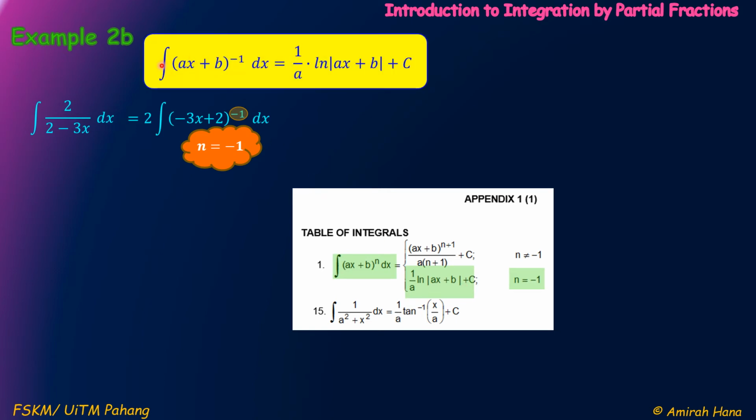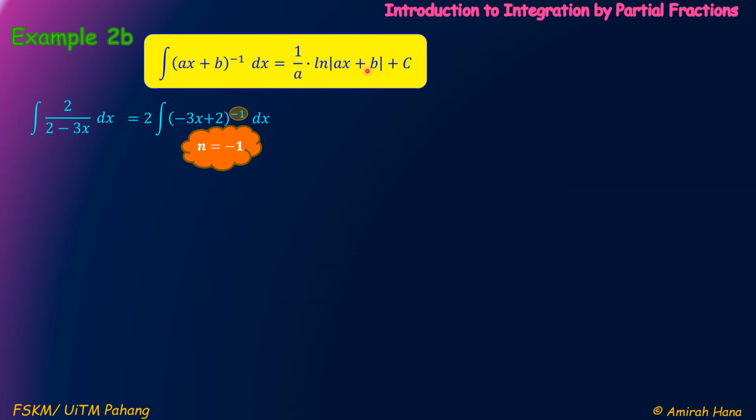Or we can write the integration of (ax plus b) to the power of -1 dx, replacing n with -1, equals 1 over a ln modulus ax plus b plus c. So using this formula, we can integrate this function.